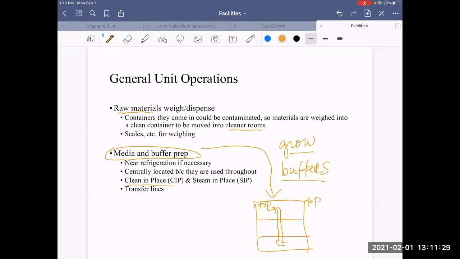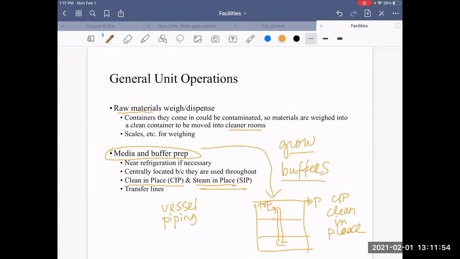There's two terms here. The piping and the vessels that these are made in, we have to be able to clean and disinfect or sterilize them. So two procedures that you need to know are CIP, which is clean in place, and SIP, which is steam in place.